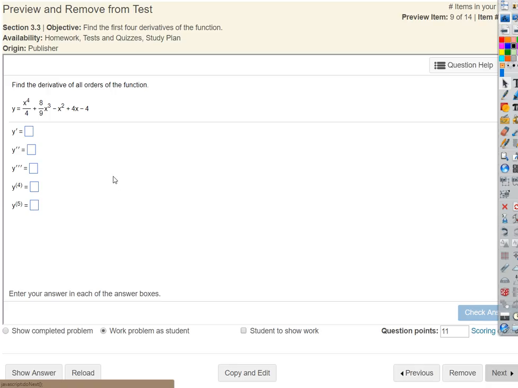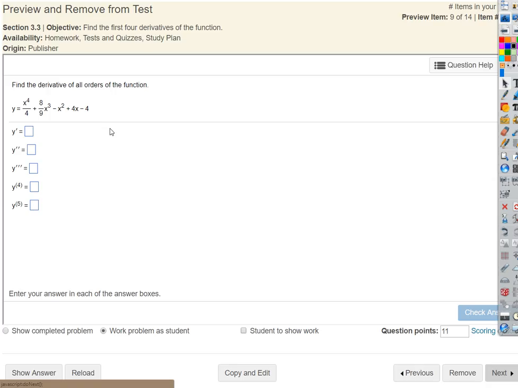Derivatives of all orders, what are they getting at here? Just keep going. Are you getting to the point where you could look at this now and say, oh, that's easy? Because you can differentiate term by term, and you're just using the power rule.